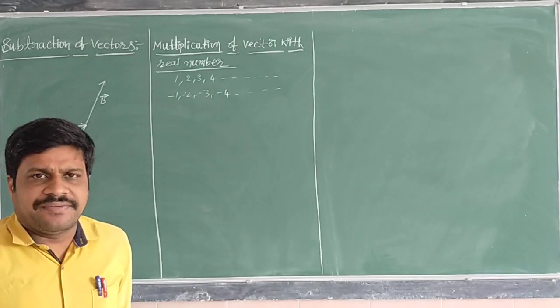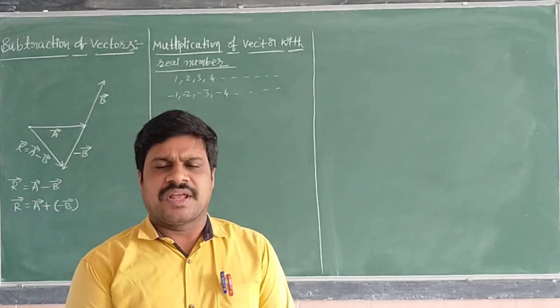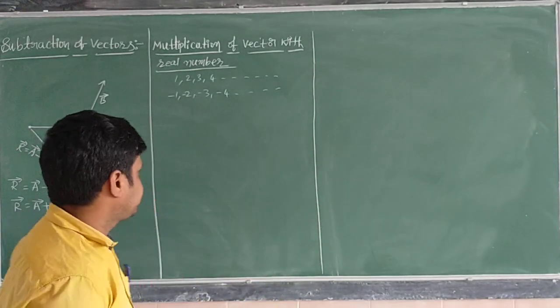So suppose any vector is multiplied with a real number, then what happens? Let me see.